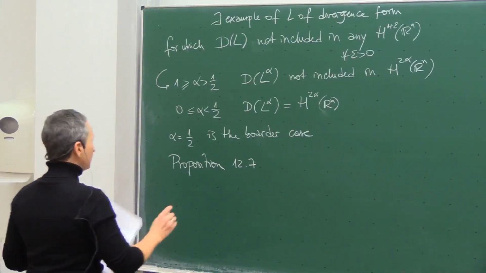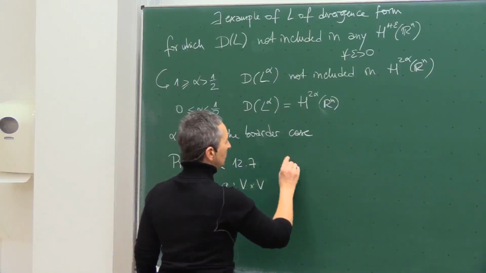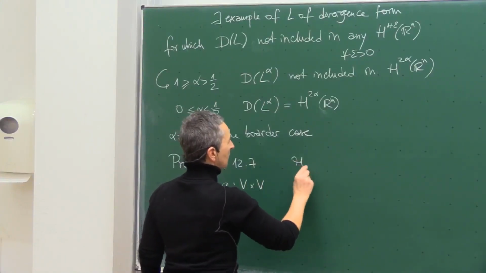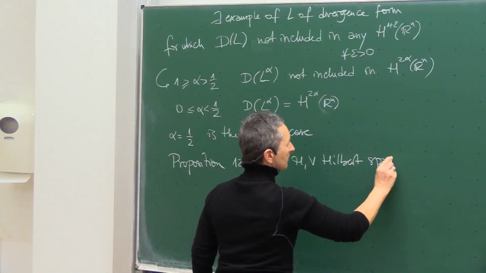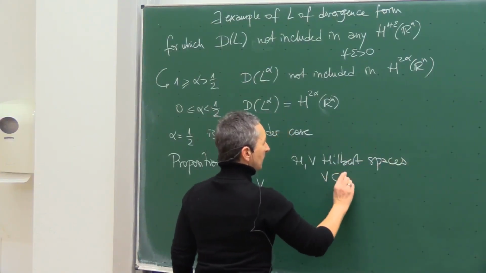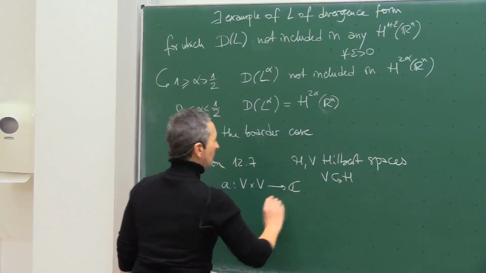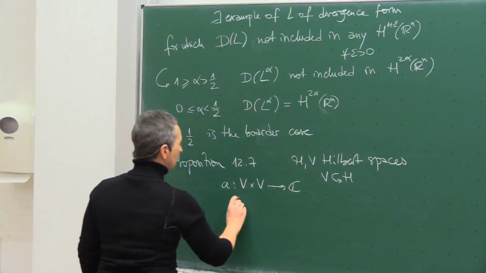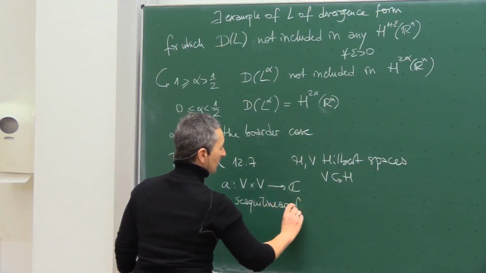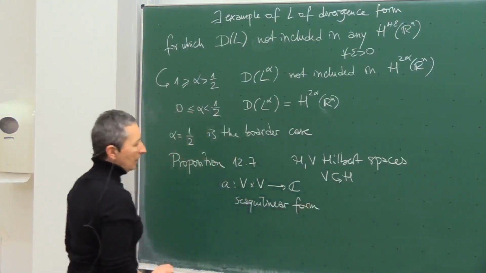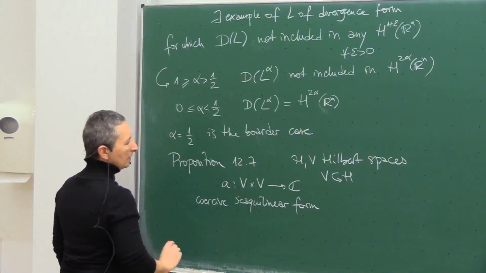Assume that, as usual, V and H are Hilbert spaces, V is in H, A is a sesquilinear form which is coercive and bounded.